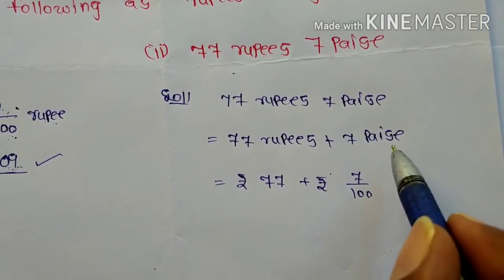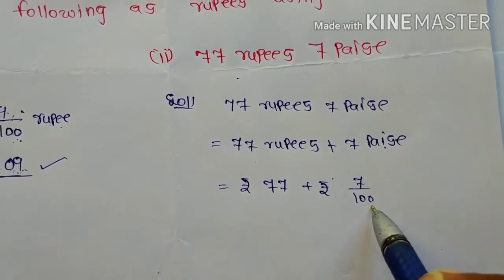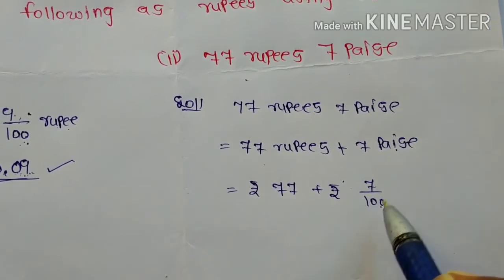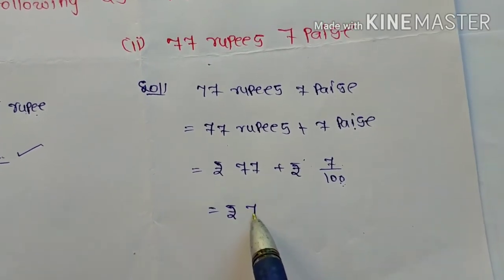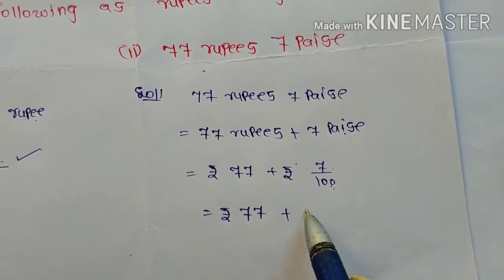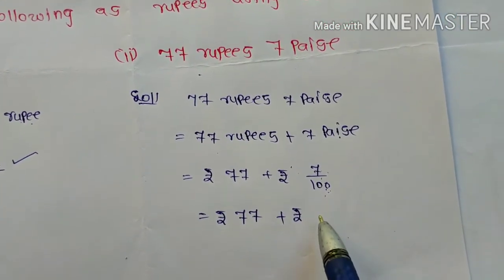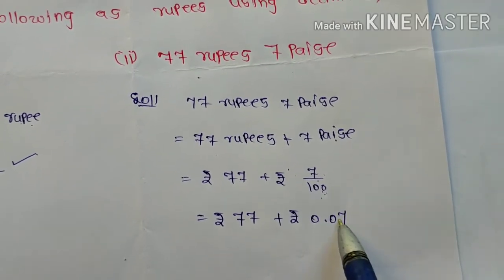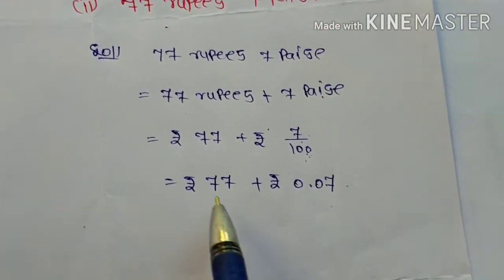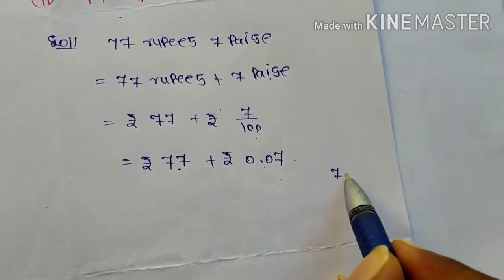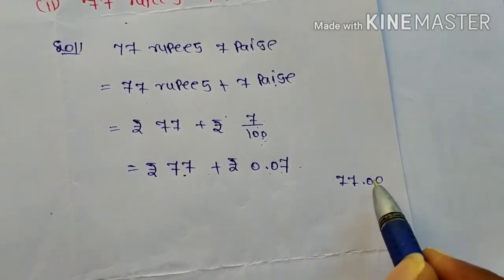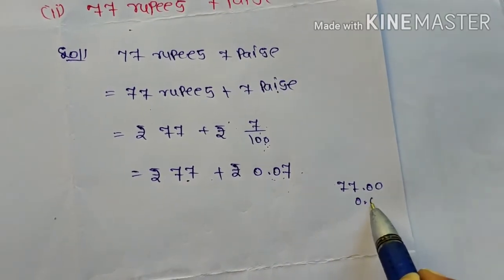So to convert paise into rupees, I am dividing 7 by 100. That means you can write here rupees 77 plus rupees 7 by 100, which you know is 0.07. Yes or no? 0.07. Just add 77 plus 0.07. Here 77 means 77.00, plus 0.07.